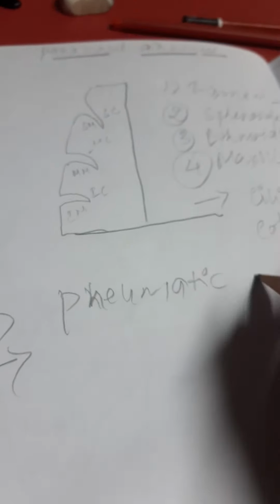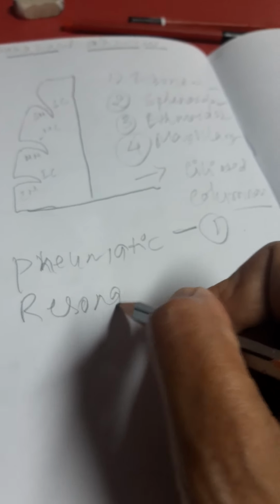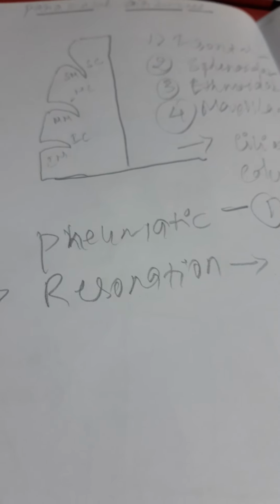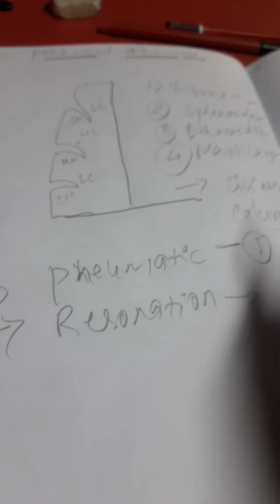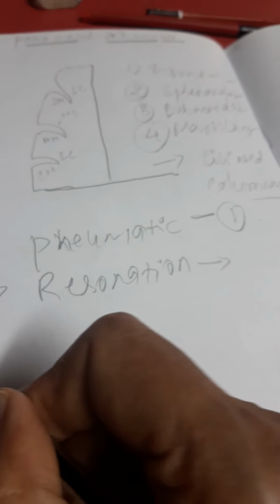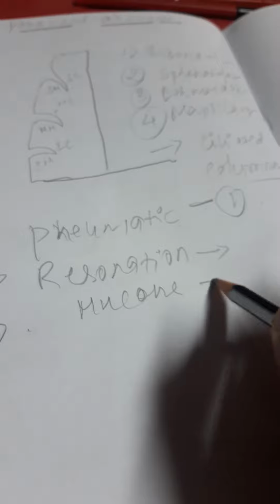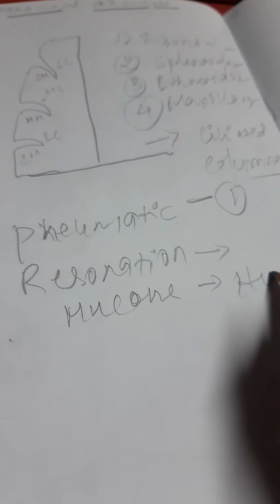A sort of resonance is imparted to our voice. That resonance comes from these air-filled chambers. So it gives resonance to the voice and reduces the weight of the skull bones. Then the third point is, because it secretes mucus, it helps in humidification of the air which we are inhaling.